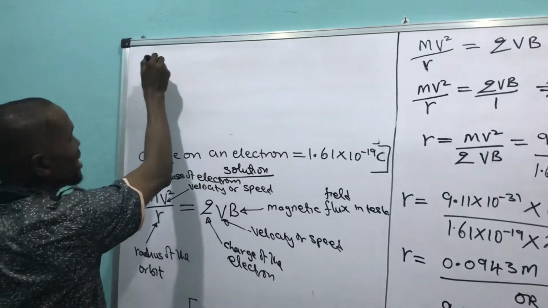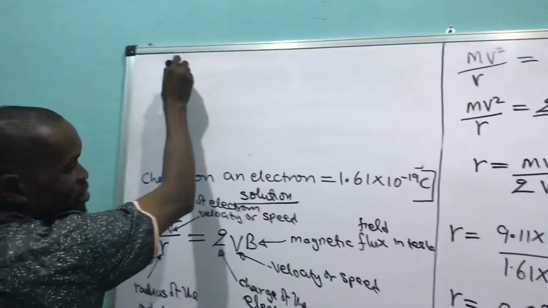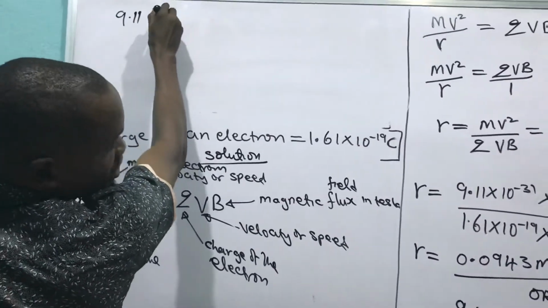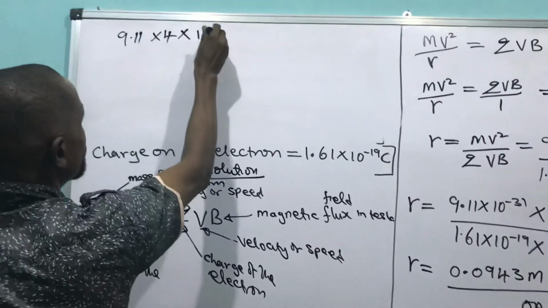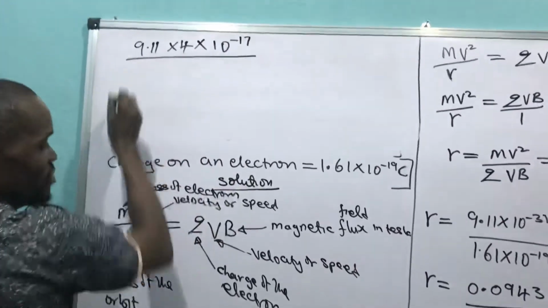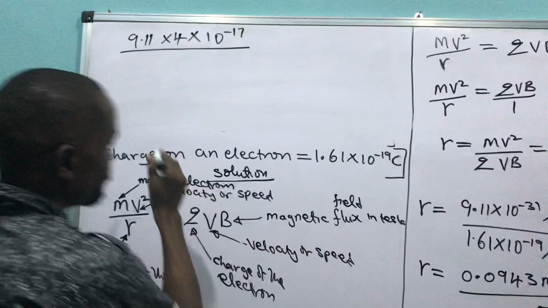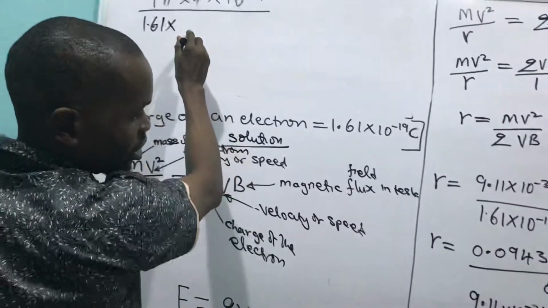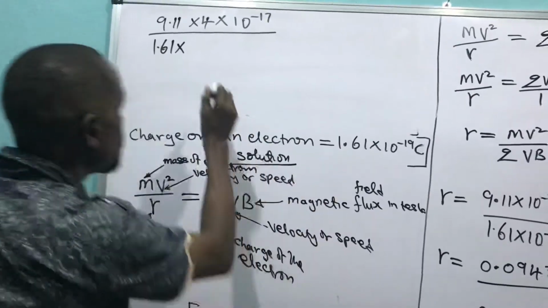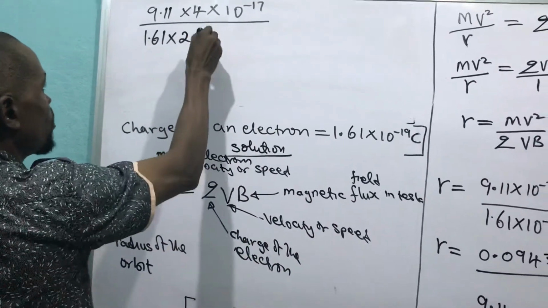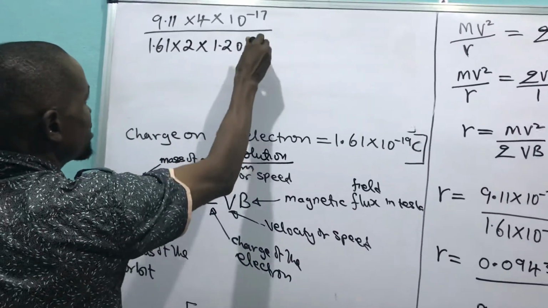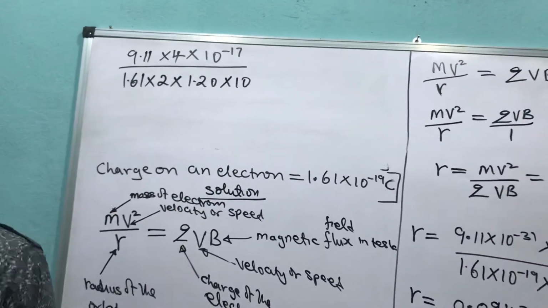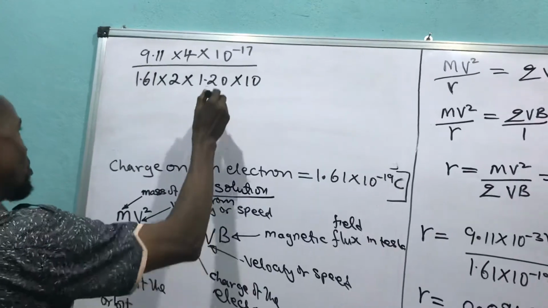That will give me 9.11 times 2 times 4 times 10 raised to the power minus 17, all over 1.61 times 2 times 1.20 times 10 raised to the power. When you subtract that, that will give you minus 15.